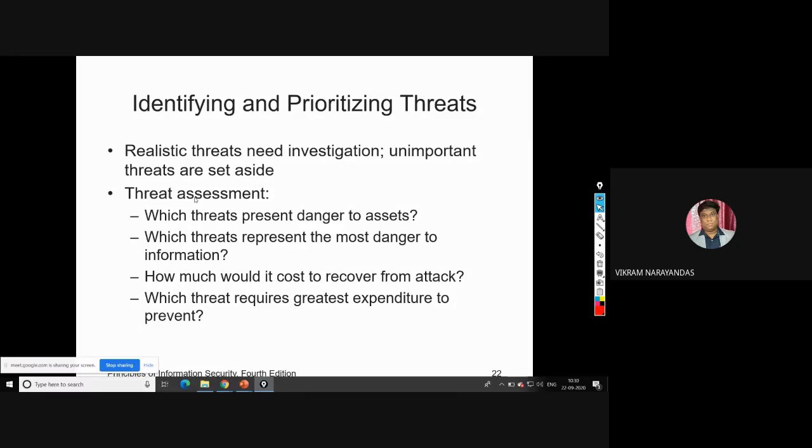Generally, realistic threats need investigations, which are real threats. Investigations can be done by any techniques. Forensics helps in investigations.